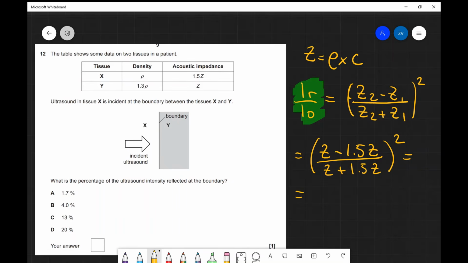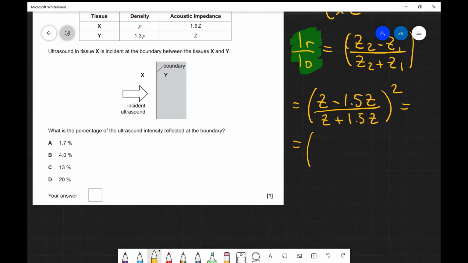Well, what we can do is factorize Z out of this equation.